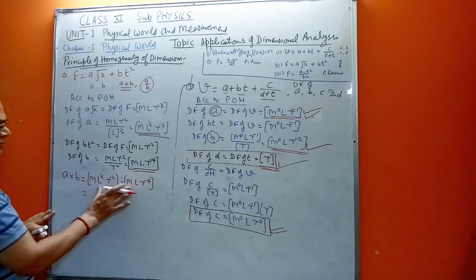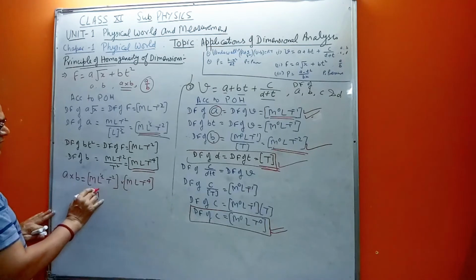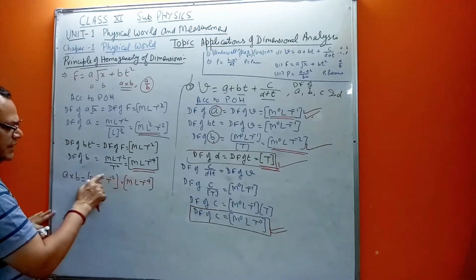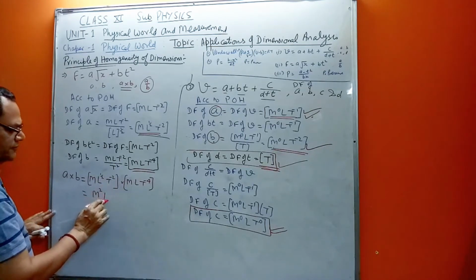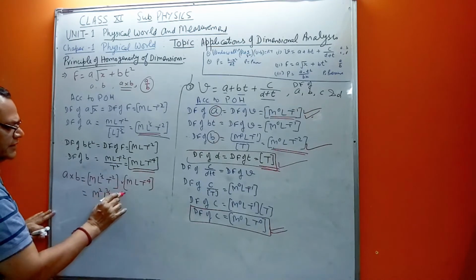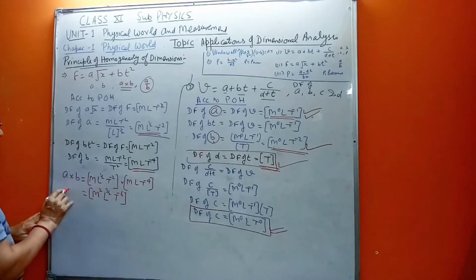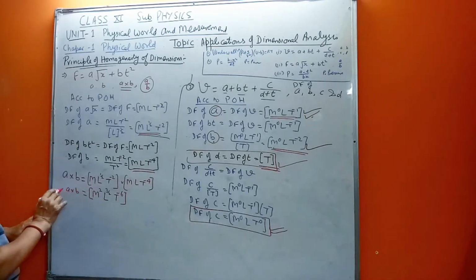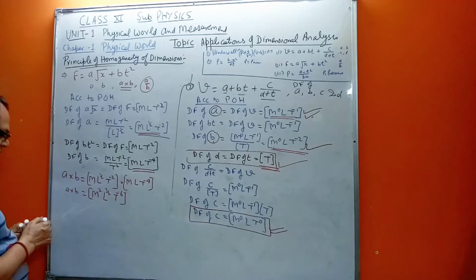The moment you simplify, you will see M which is 1 and 1 is 2, and L is 1 and half, that is 3 by 2, and T^-6. So A into B, the product of the two constants, will be this.